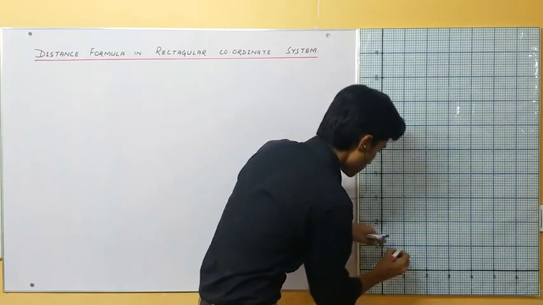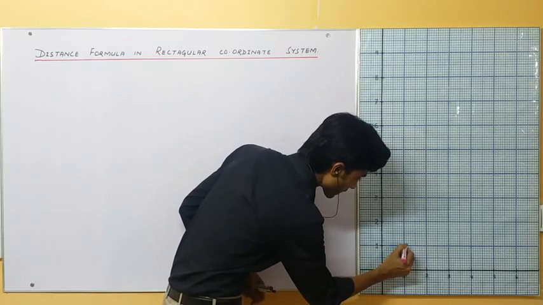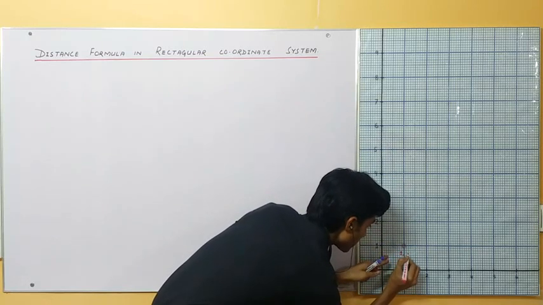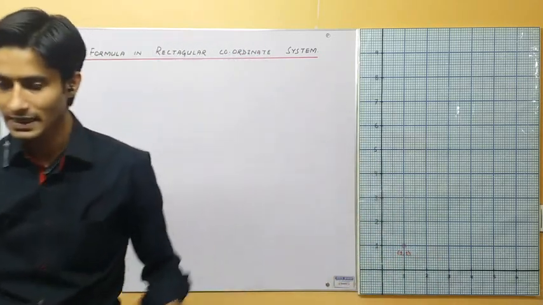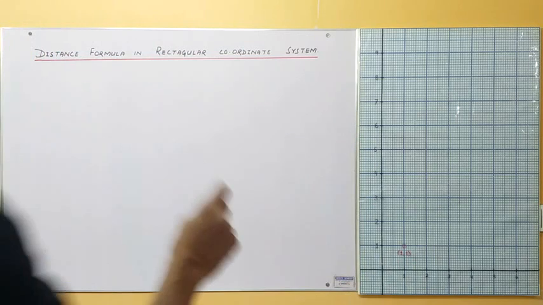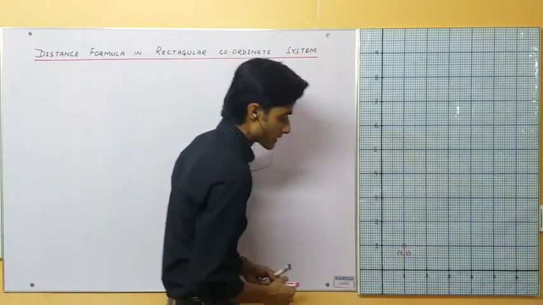I hope this point is visible, and the coordinates of this point are 1, 1. I know you cannot see the coordinates from this part. That is why I have named it. I have plotted the point 1, 1 and mentioned the coordinates.